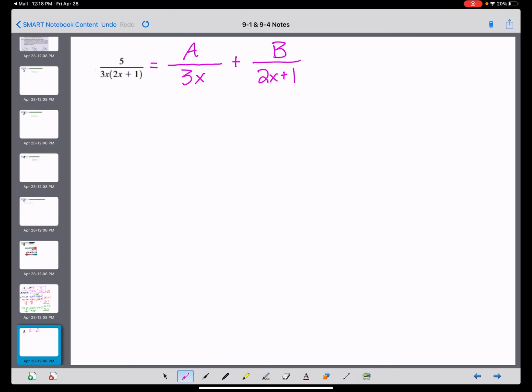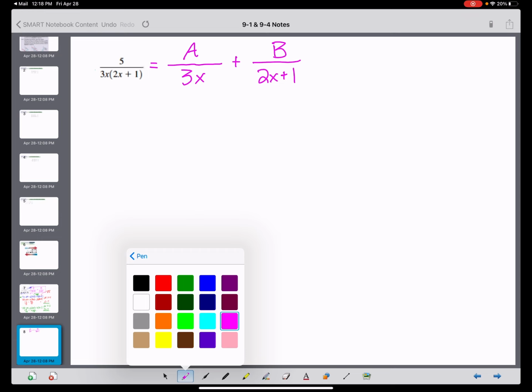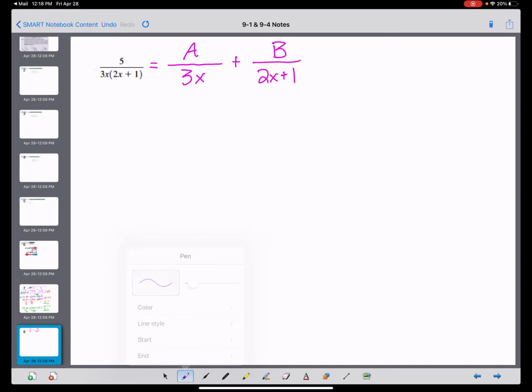So I set up an equation. For this equation, I don't want any fractions. So I multiply by the least common denominator, which is always the denominator I started with, 3x times 2x plus 1. Multiply all my terms by that.